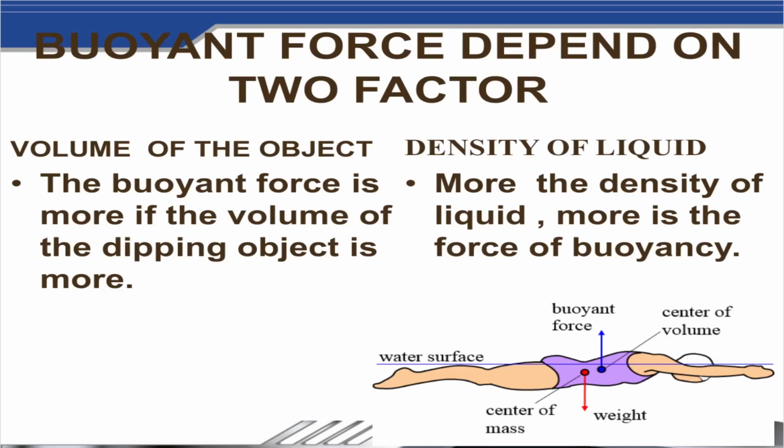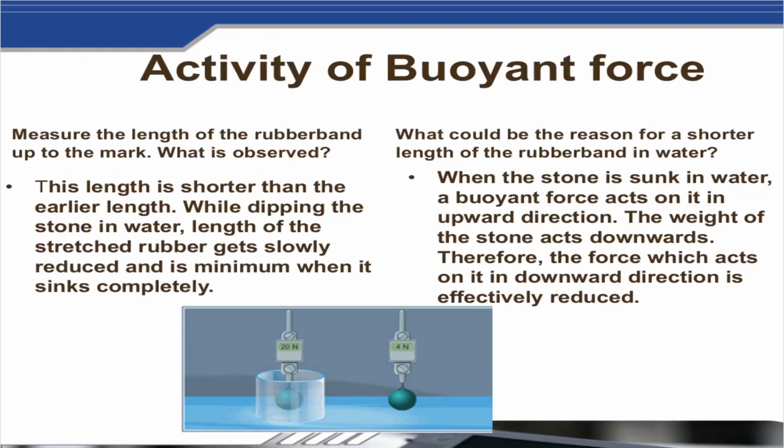Okay, understood this example? Next, activity of the buoyant force. In this activity, what you have to do: take a long rubber band and cut it at one point. At one of its ends, tie a clean washed stone or a 5-gram weight as shown in the figure.